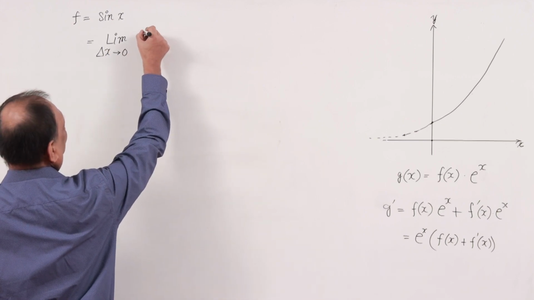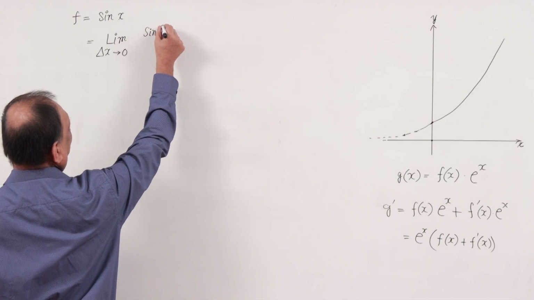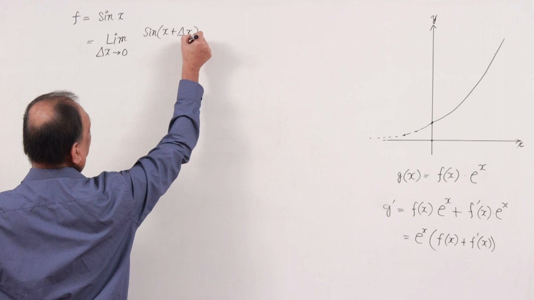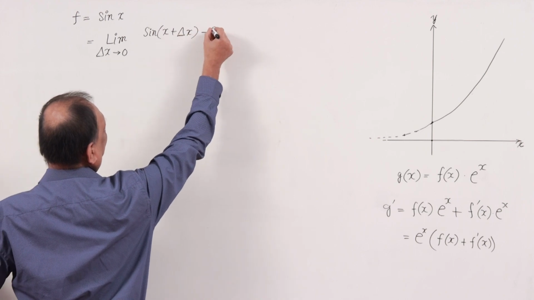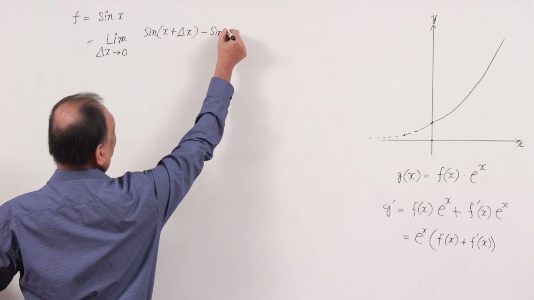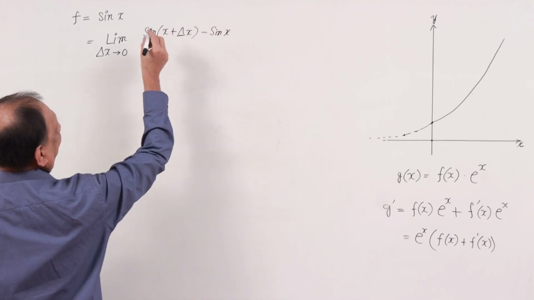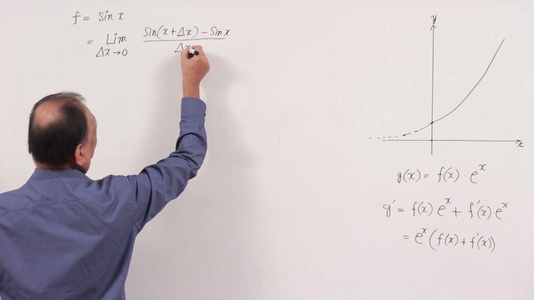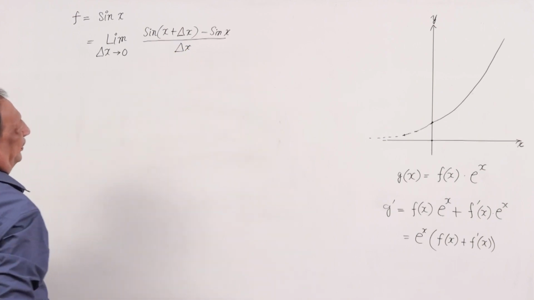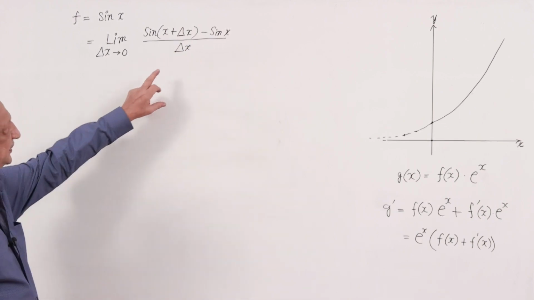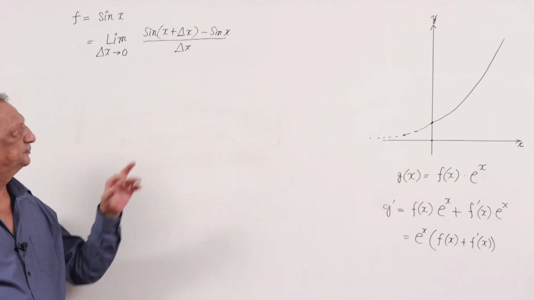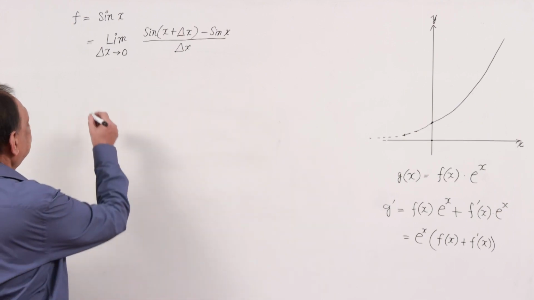Sin x is going to become sin of x plus delta x. The original value of sin x was minus sin x. So this is the increment that sin x gets, divided by delta x. Standard way of writing the derivative. If this limit exists, then sin x is differentiable at the point x.